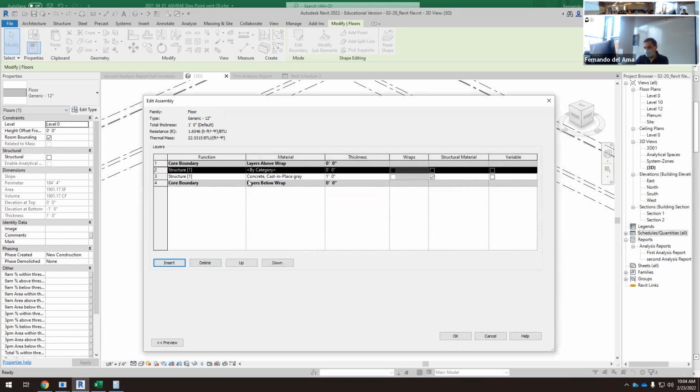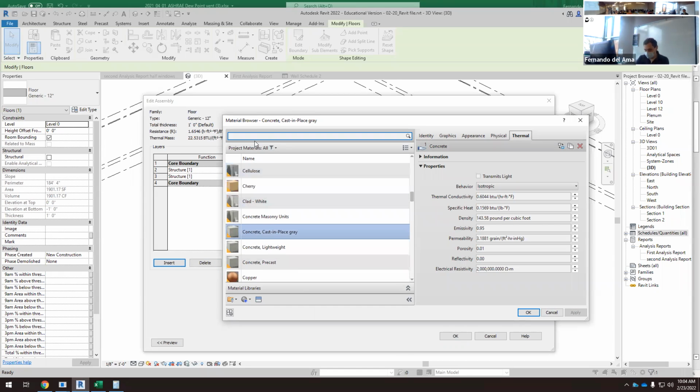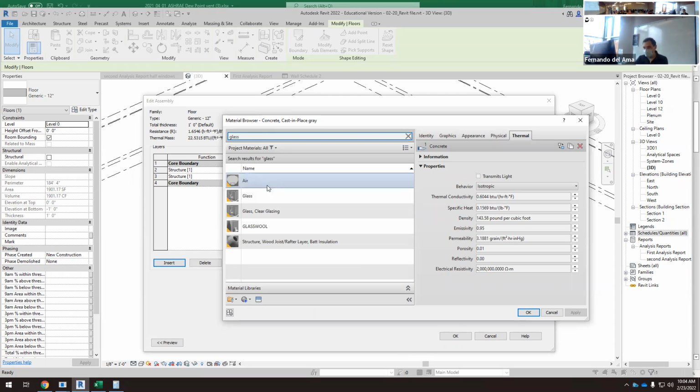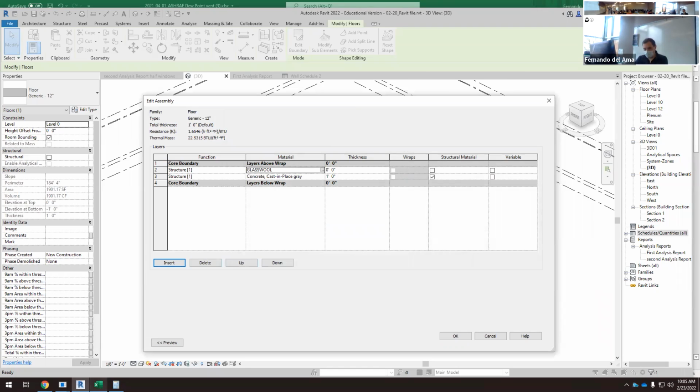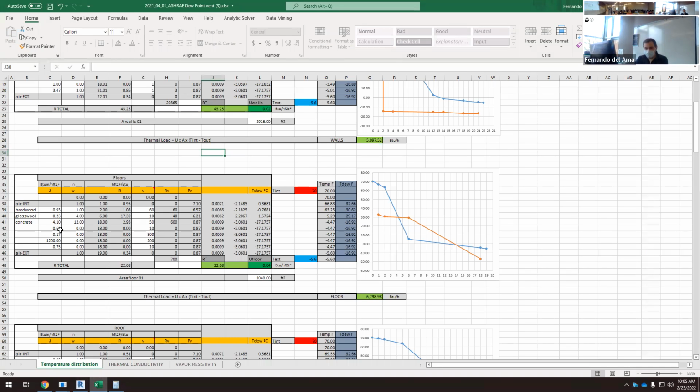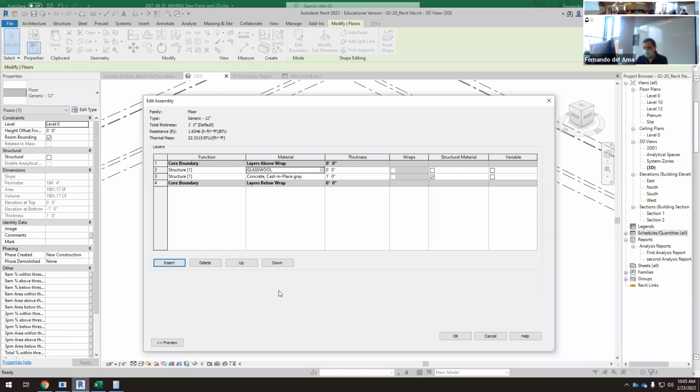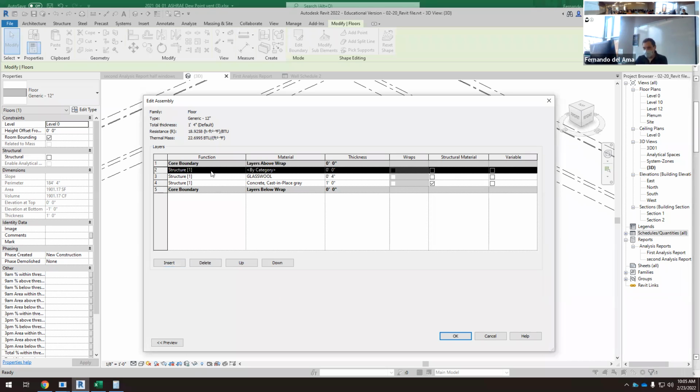Then we have to insert another layer. This was glass wool. What was the thickness of the floor? Glass wool, 4 inches. And then we had 1 inch of hardwood. Okay, so this is 4 inches. And then inside we have hardwood.